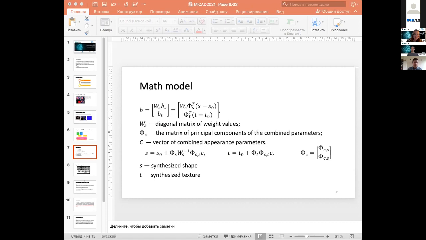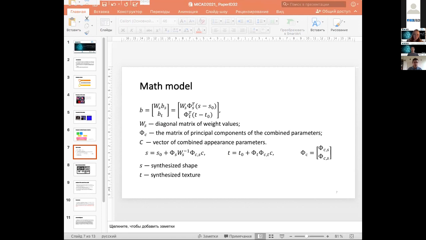From here, we obtain a new expression for the synthesized shape and texture, S and T. In practice, the matrix is also subjected to removing noise components to reduce the effect of overfitting and reduce the number of calculations performed.